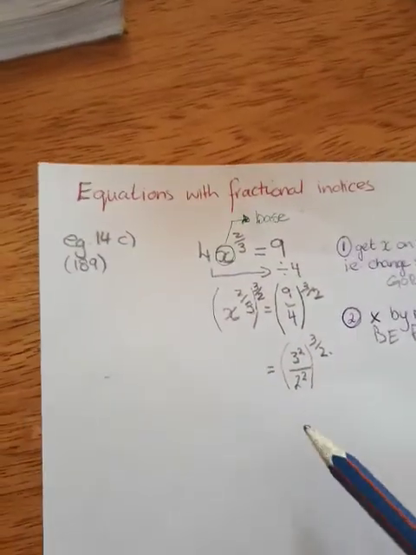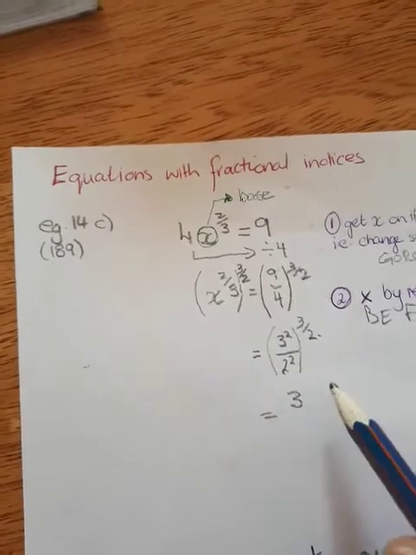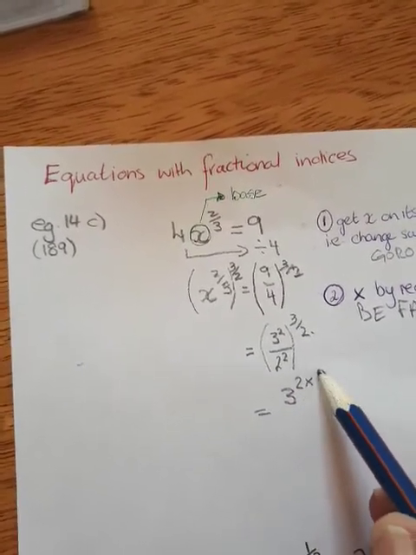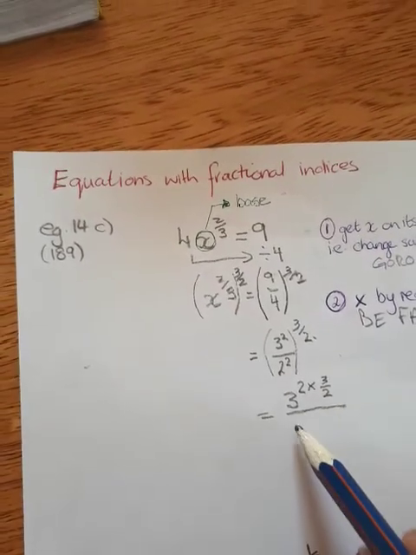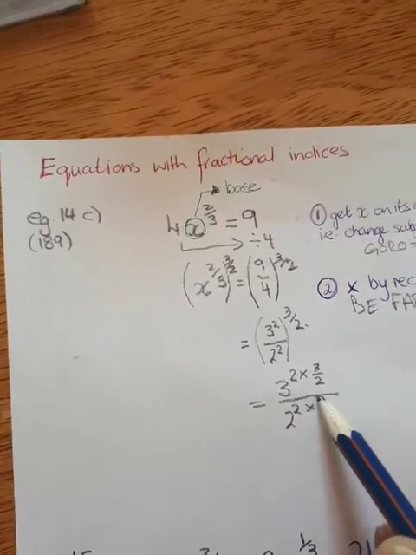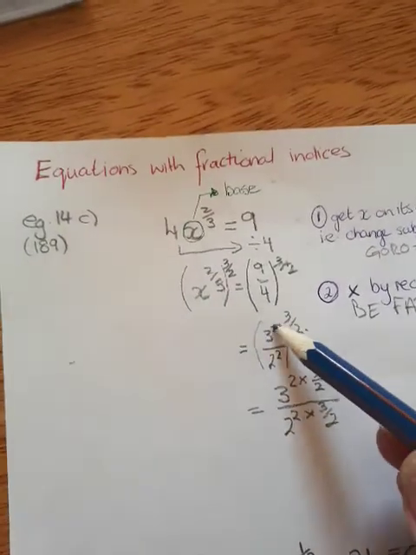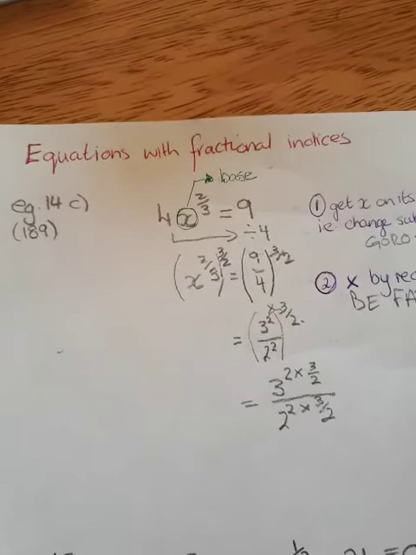Now remember the law of a power to a power. Then the numerator becomes 3 to the power of 2 times 3/2, and the denominator becomes 2 to the power of 2 times 3/2. Remember, a power to a power, we multiply the index.